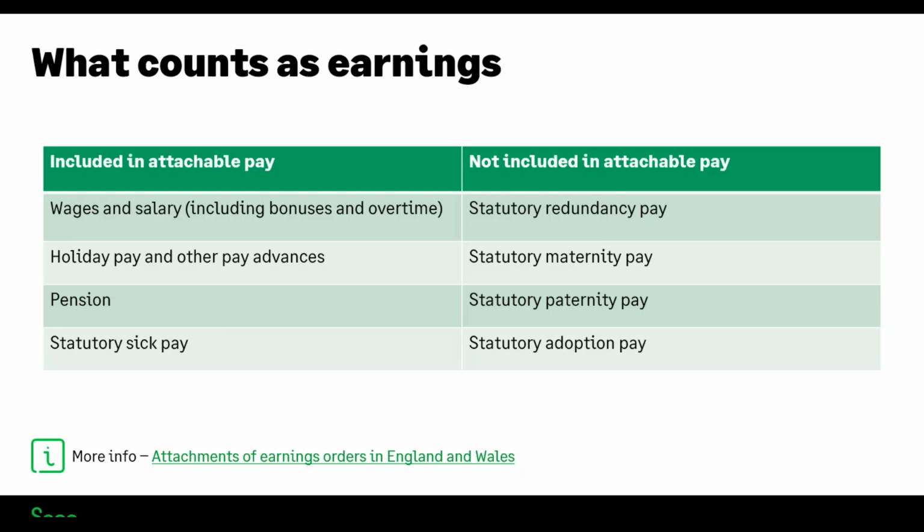What's not included is statutory redundancy pay, statutory maternity, paternity and adoption pay. And as always, I have linked a little bit more information at the bottom of this slide if you would like to read more about attachments in England and Wales.